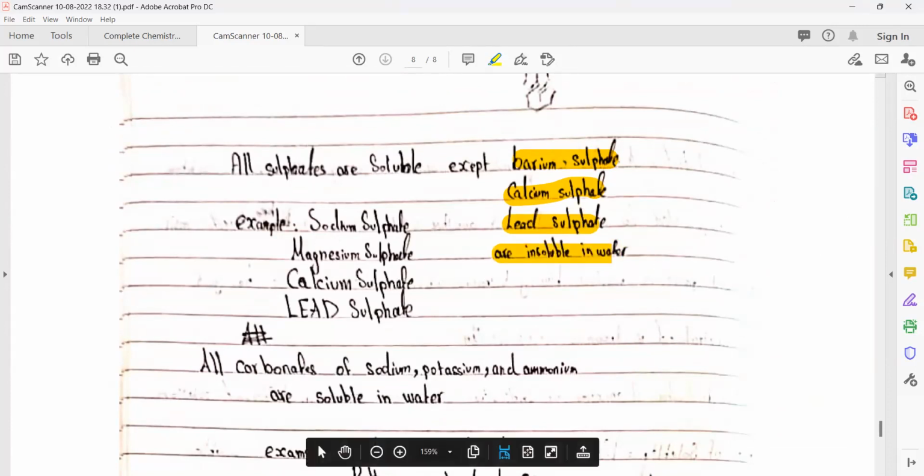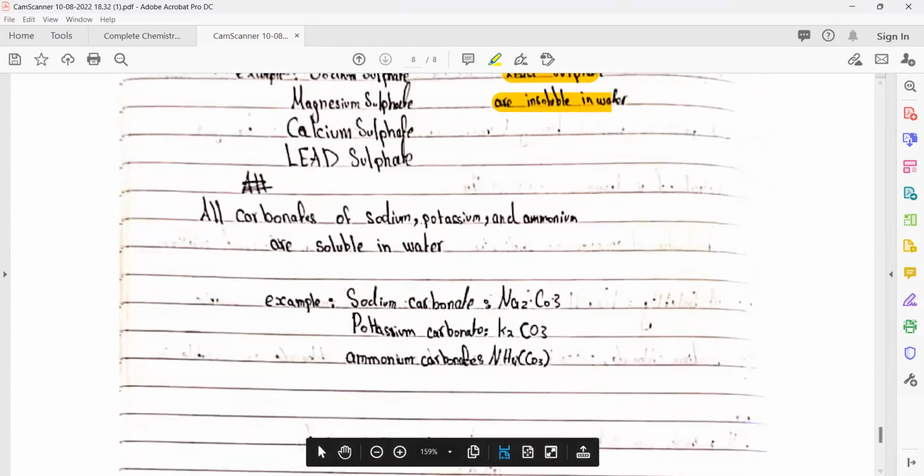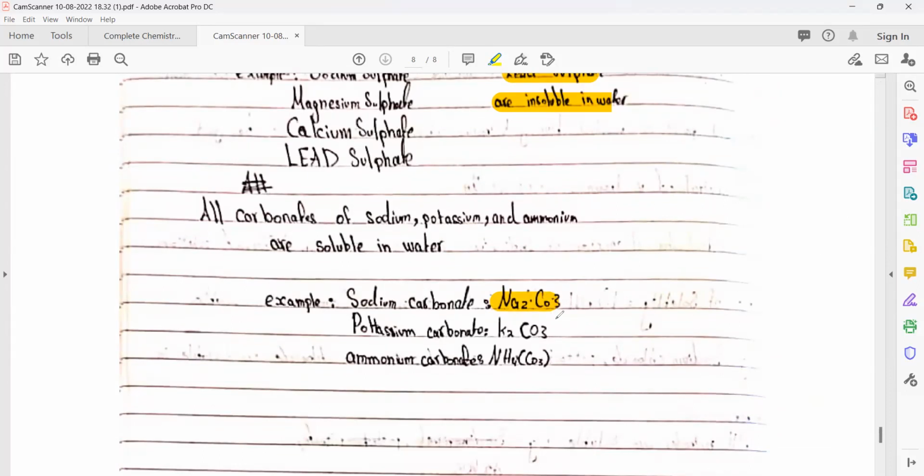All carbonates of sodium, potassium, and ammonium are soluble in water. Sodium carbonate, Na2CO3. Here O will be capital. My dear, please, this is carbonate, okay? The symbol Co is for cobalt. But if you write it like CO3, then it's carbonate. Don't forget and don't miss this.